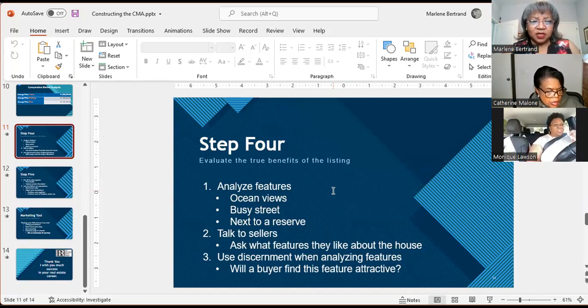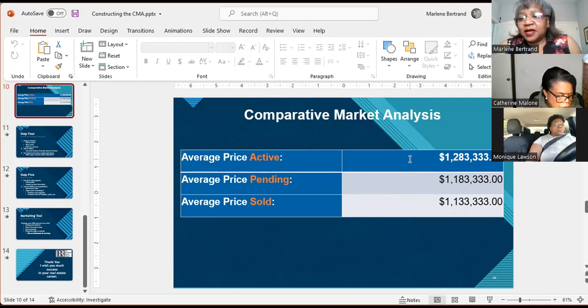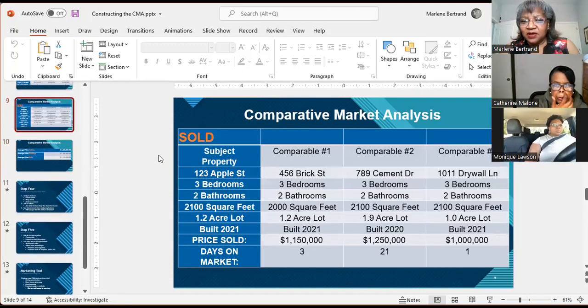So I'm going to show you the average again. These numbers here, maybe instead of listing it for 1,283,000, you can add another 100,000. I don't know how much the price of a view is. So what you're going to want to do is maybe go back into one of these listings and see which one of these homes had a view.